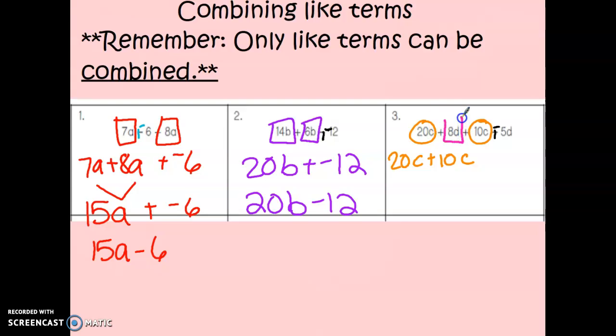Okay, and then I have 8d and negative 5d. So then I'm just going to add these first two. 20c plus 10c is 30c. And then I've got 8d plus negative 5d, which gives me 3d because I'm subtracting. Okay, so 30c plus 3d.